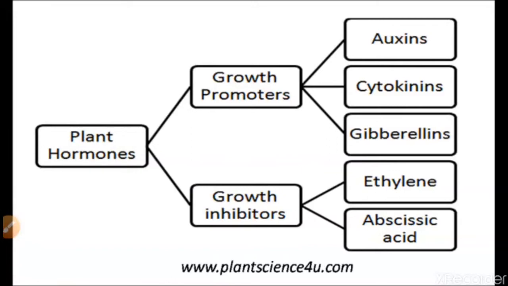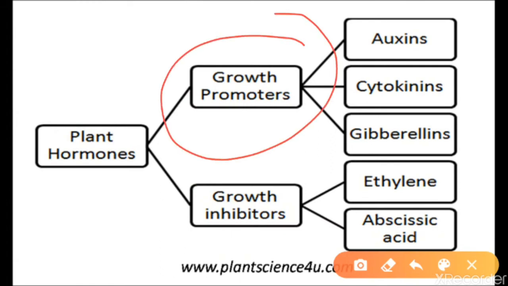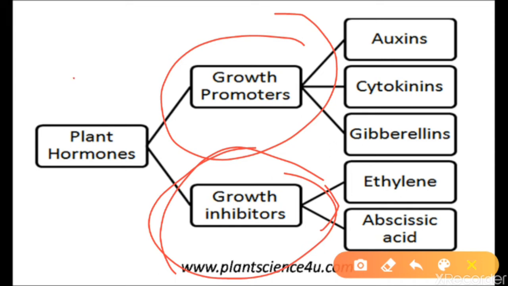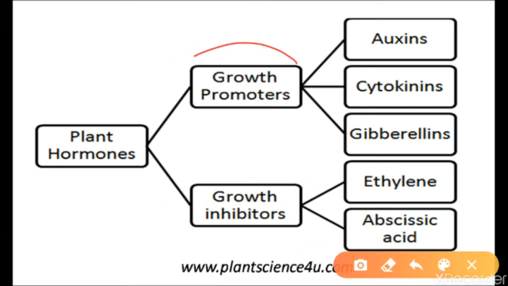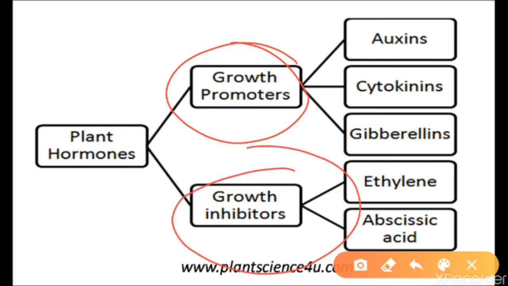Plant hormones are also known as phytohormones. Mainly they are divided into two types: growth promoters and growth inhibitors. A growth promoter helps in the growth of the plant, but a growth inhibitor will stop the growth of the plant.